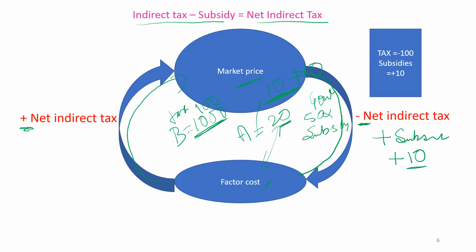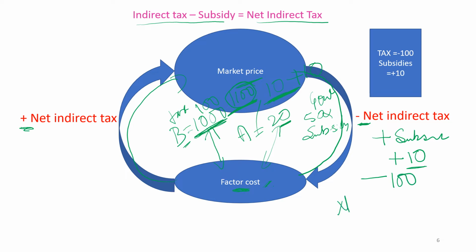Now the market price will become 1100, but the actual price is 1000 rupees. What is the factor cost to produce a B product? They incurred only 1000 rupees, but the government imposed 100 rupees as a tax. Now in the market it is available at 1100. So we have to deduct 100 rupees.